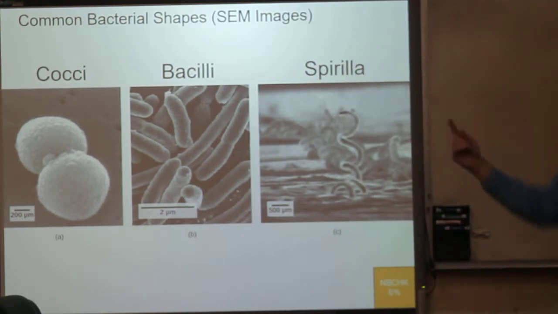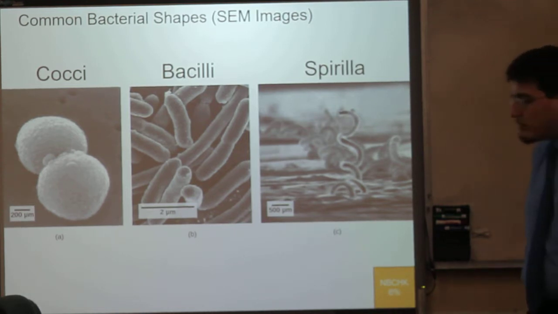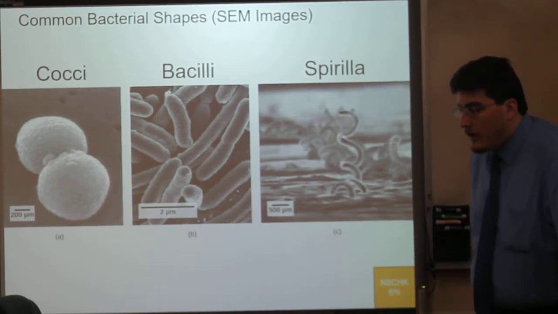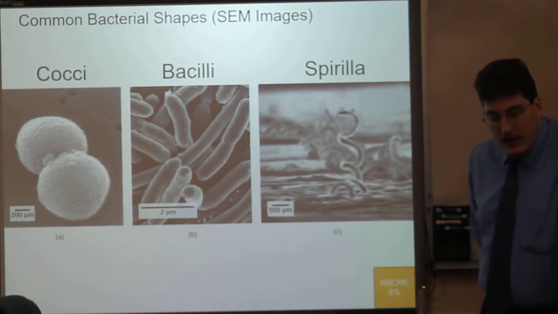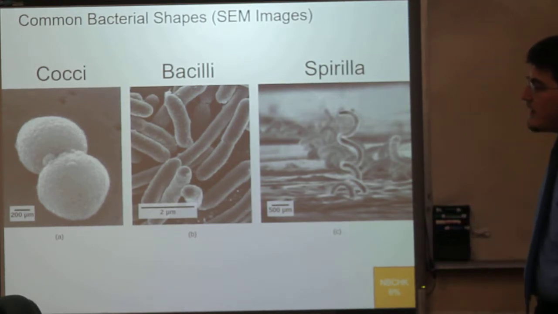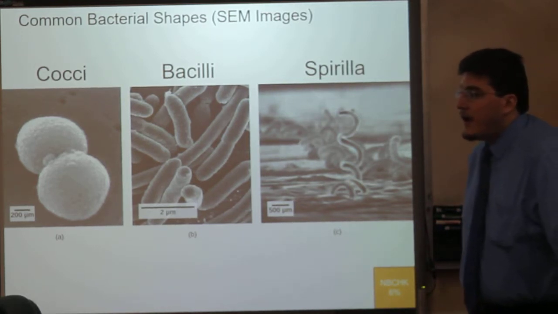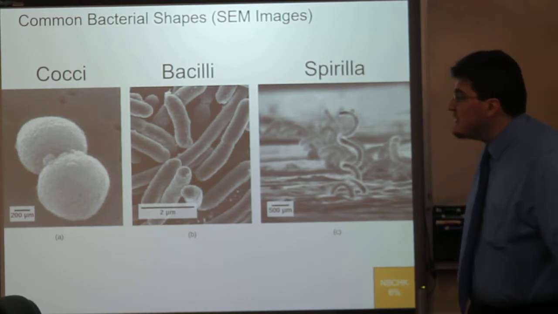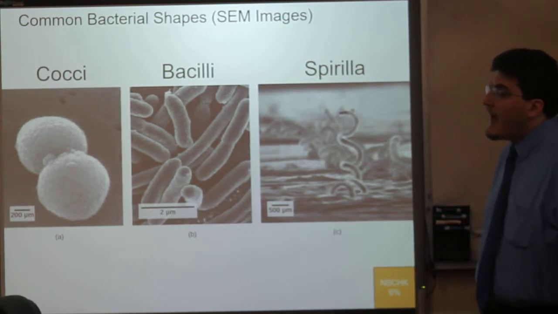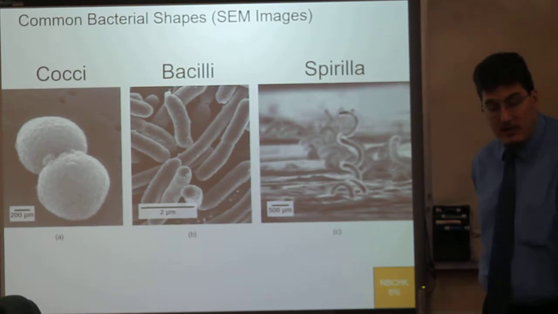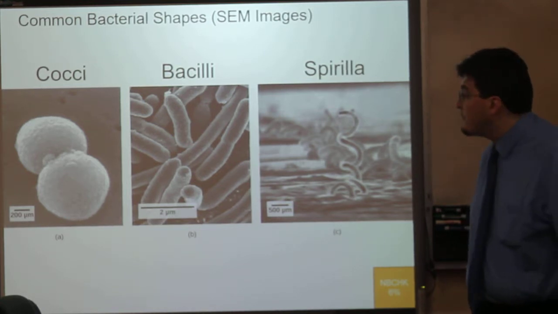Spirilla are spiral-shaped bacteria. Spiral-shaped bacteria are spirochetes. Now these bacteria, some examples might be Lyme disease. Lyme disease is caused by rickettsial illnesses, and that would be a spiral-shaped bacteria. Also syphilis is caused by Treponema pallidum.